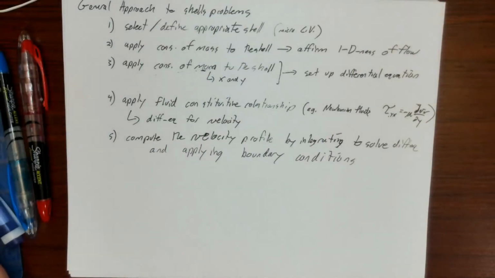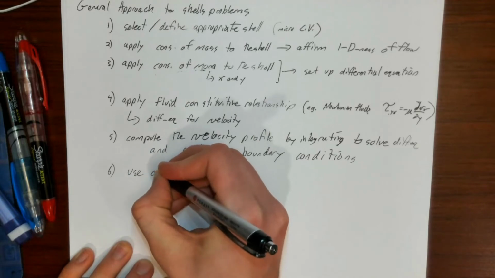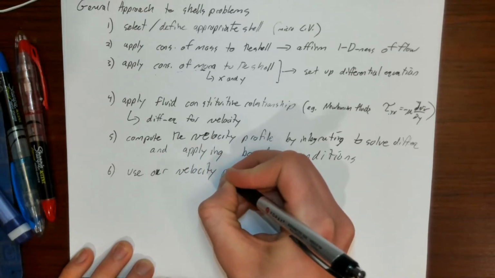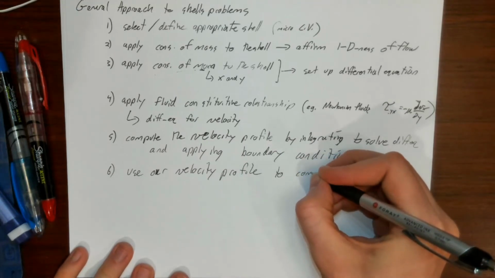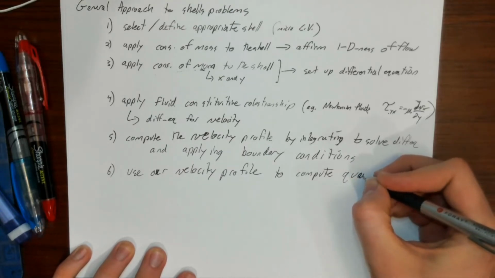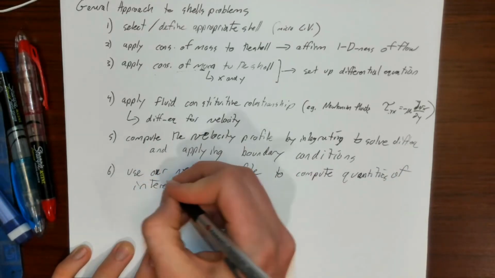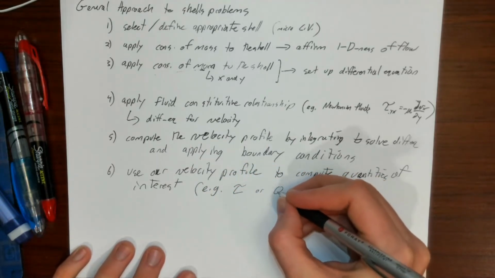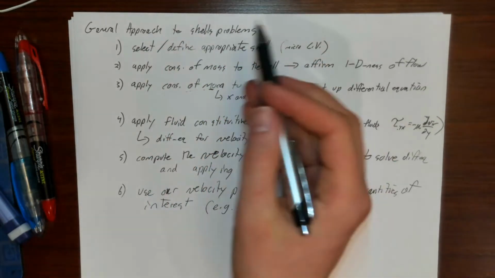So generally the last thing we might do in shells type problems like this is use our velocity profile to compute quantities of interest, for example, shear stress or volumetric flow rates, etc. So this is our general approach to solving shells problems.